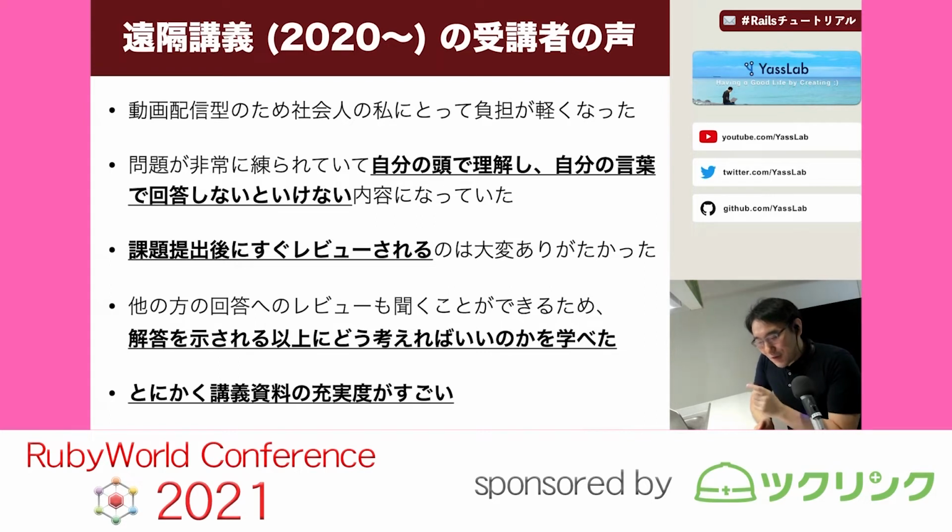Then in 2020, that's when we started going more online. Much of the feedback was about the questions or tasks we gave them. Many questions required the participants to explain their understanding in words.